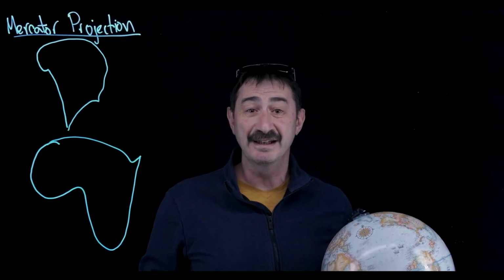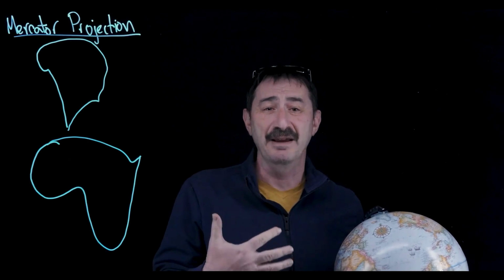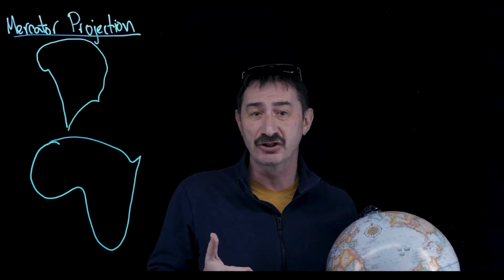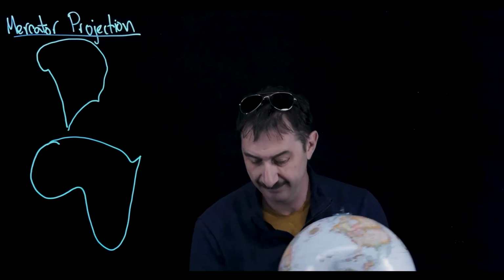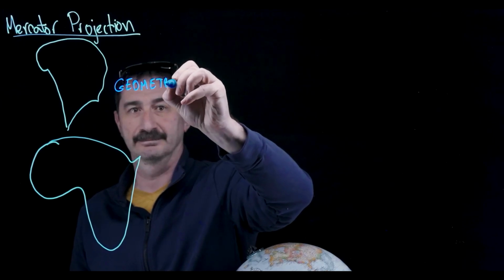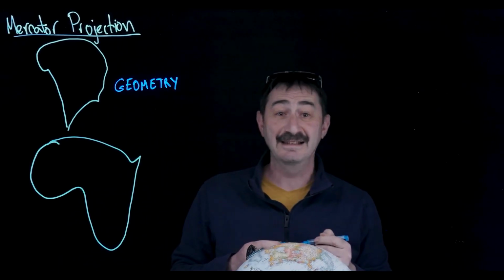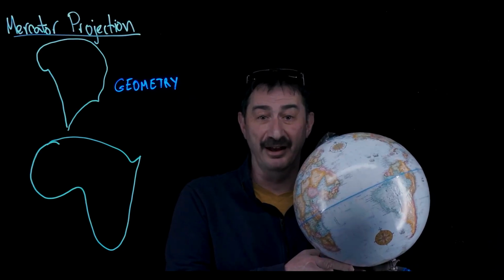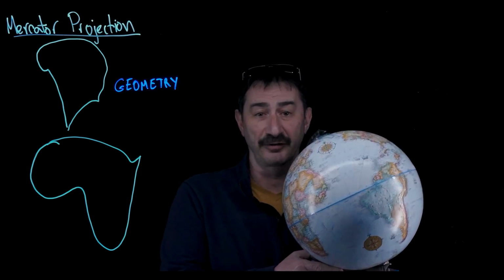So in SQL, the data type which works with map projections is called geometry. And data type which works with the model of the Earth as a sphere is called geography.